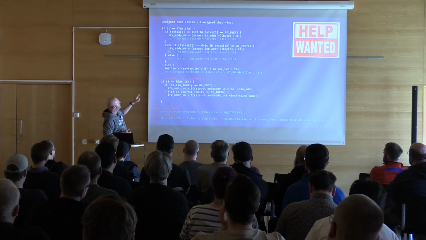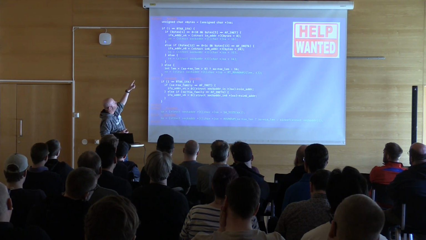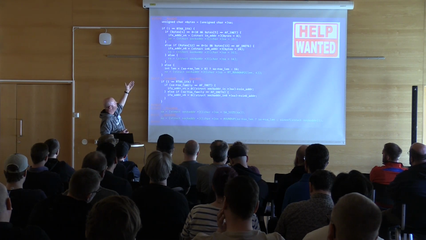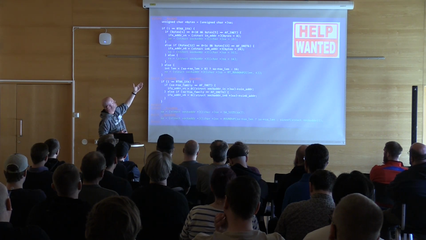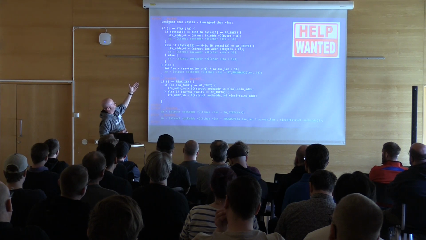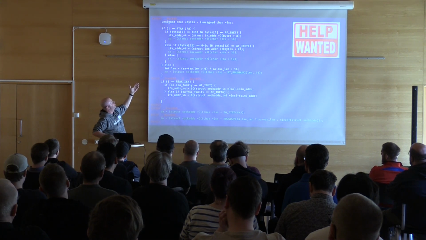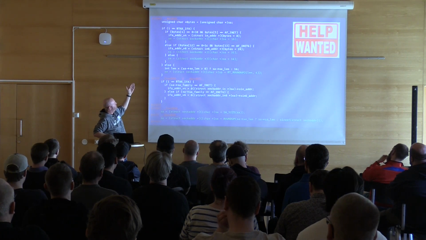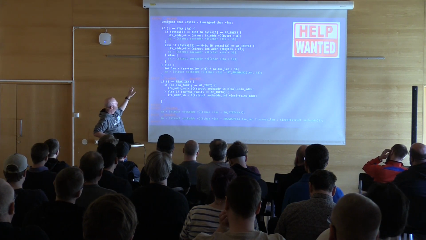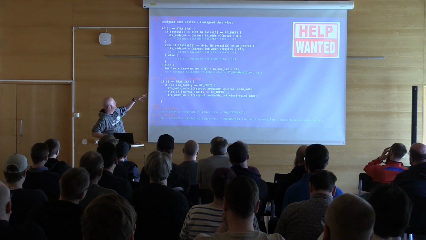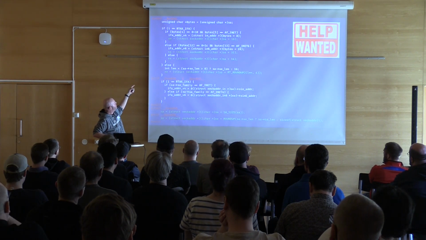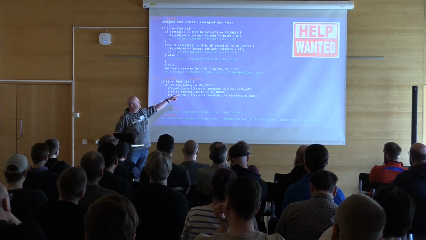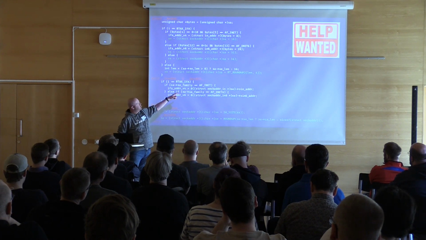And if your message is an RTAX IFA and it's an IPv4 address, then you should increment by the size of the socket address buffer plus 16 bytes. If it's an IPv6, then you add 32 bytes. If it's something else, you add 16 bytes. And if it's not an RTAX IFA, then you should use this macro called RT roundup2.